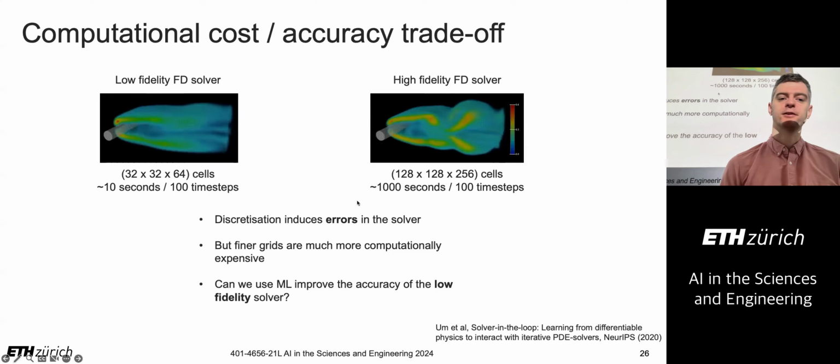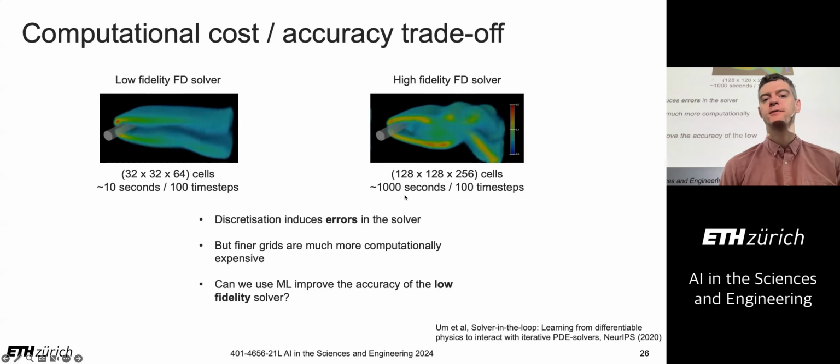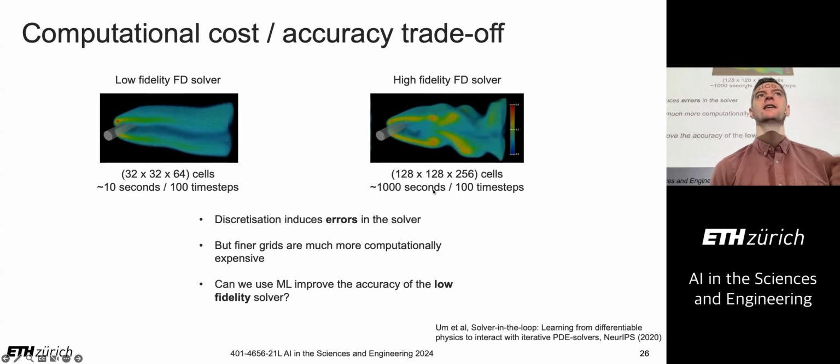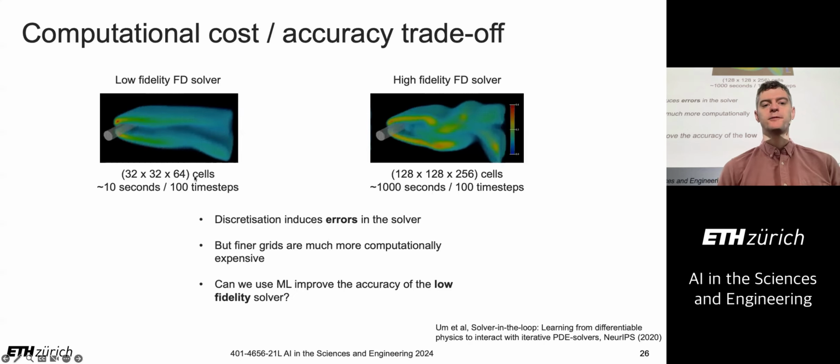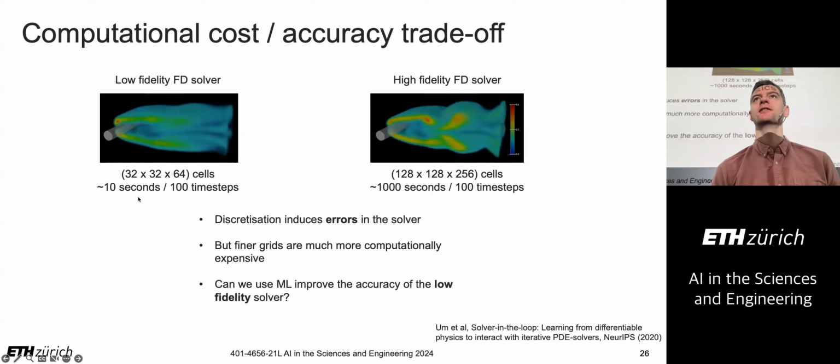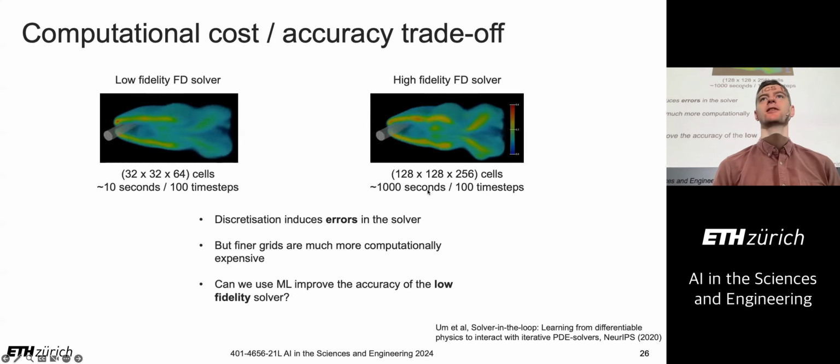And the problem really is this: if we go to those high fidelity solvers and use a much bigger mesh, the time it takes to run the solver grows very, very fast. The low fidelity solver here, for example, takes about 10 seconds per 100 time steps, whereas the high fidelity takes over 1,000 seconds per time step.